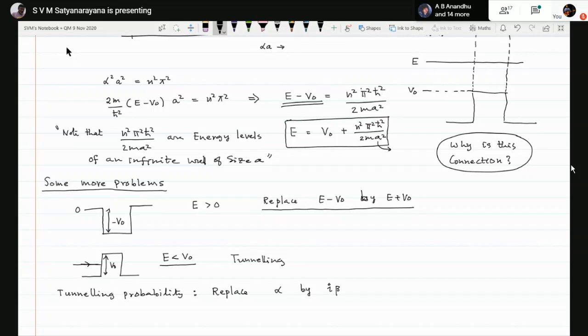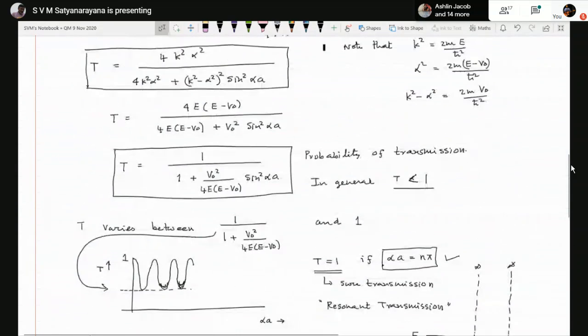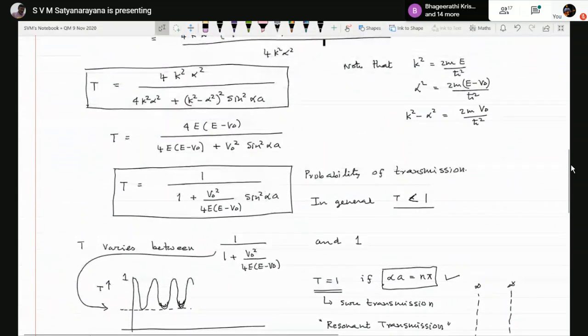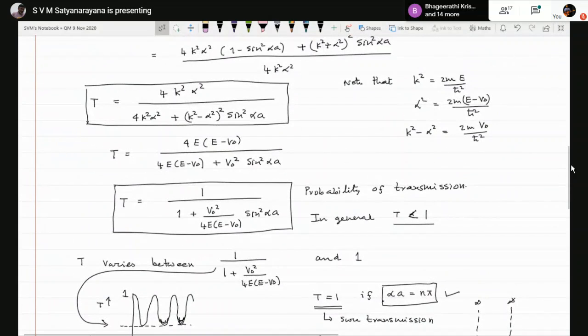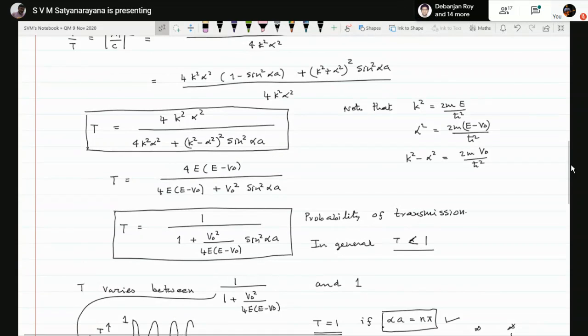Because E is less than V naught, this alpha is now an imaginary number, I times beta. Now if you do this, you can go back and look at this transmission coefficient. So you can see this becomes 4k square alpha square.